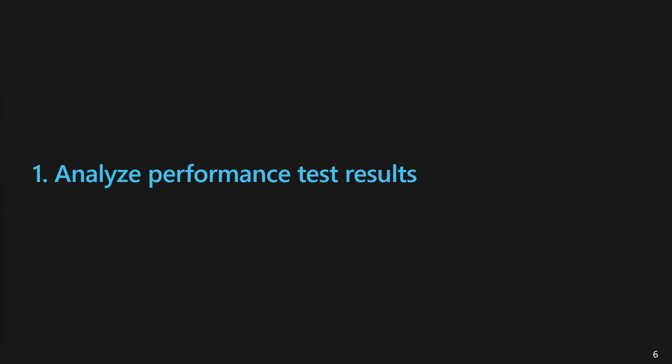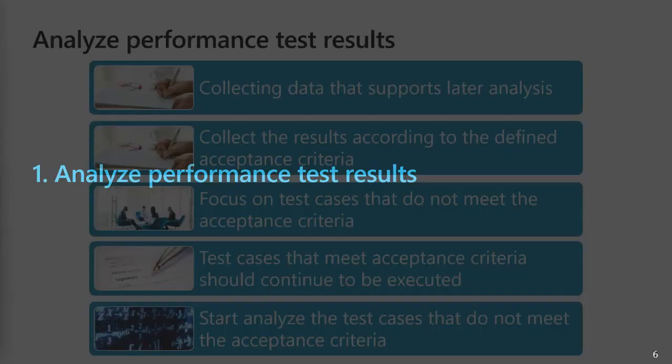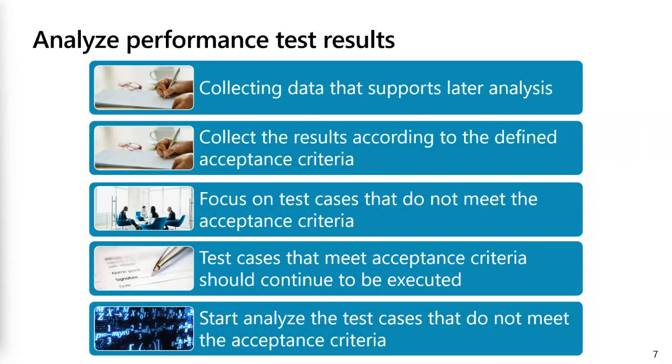Let's start with the first topic: analyze performance test results. Analysis of performance test results begins during test execution because it is important to collect data that will not be available at a later time, or is very challenging to collect after the test execution, and the data will support later analysis if required.